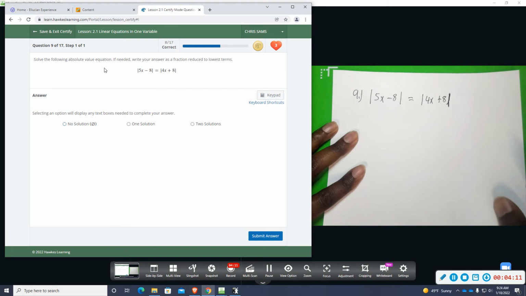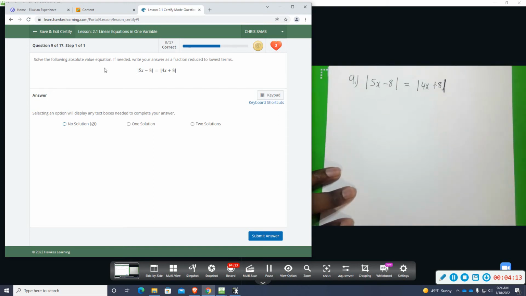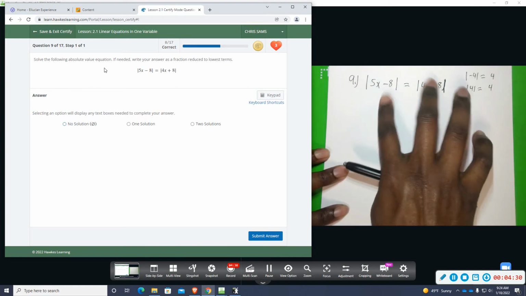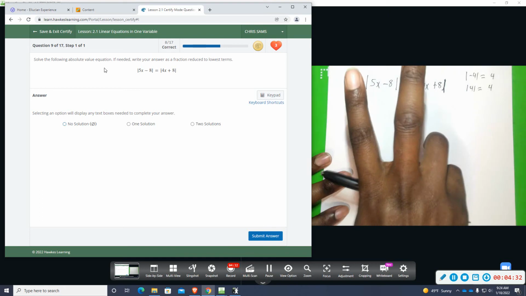Okay, so here is how you solve absolute value problems. Remember how we just mentioned that if you have a negative, it comes out positive. And if you have a positive, it comes out positive. That's exactly what you have to do when you solve these problems. You don't have to do it 4 times because it's going to be the same end result, but you have to do it twice.